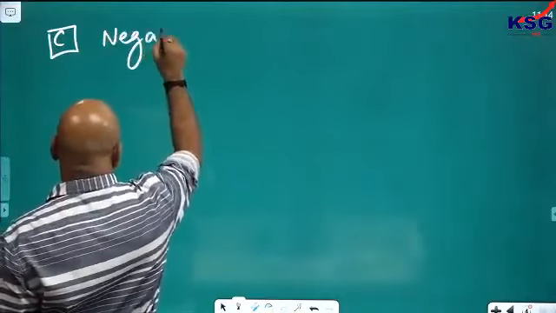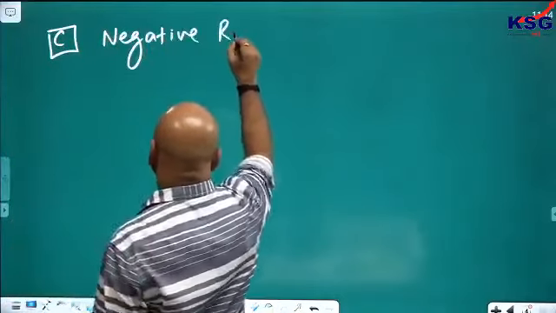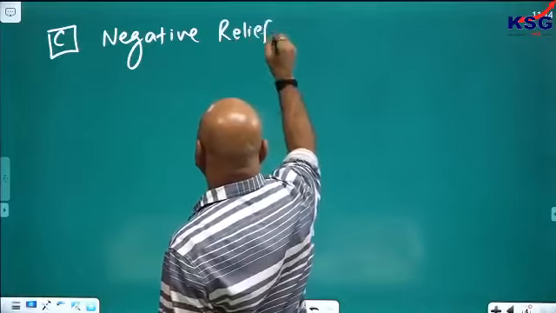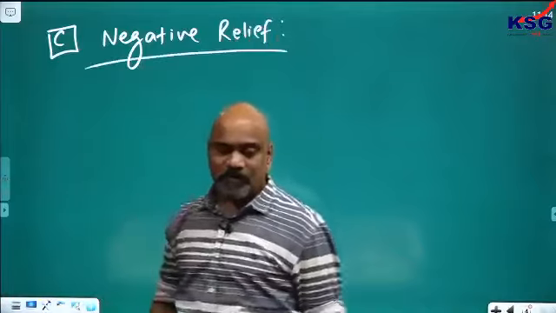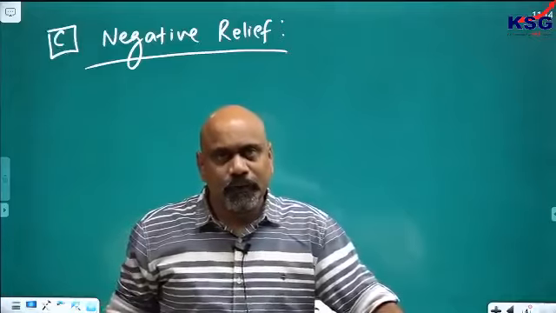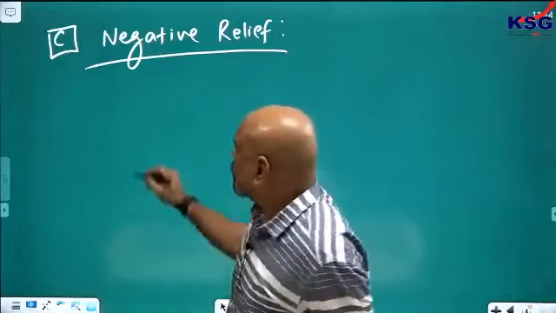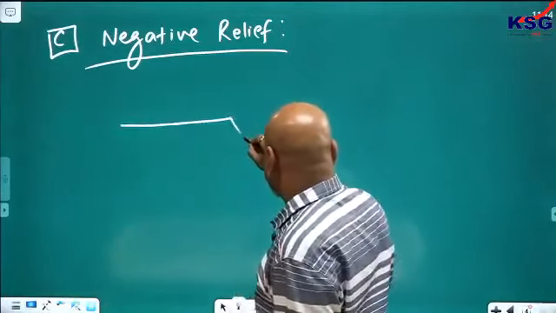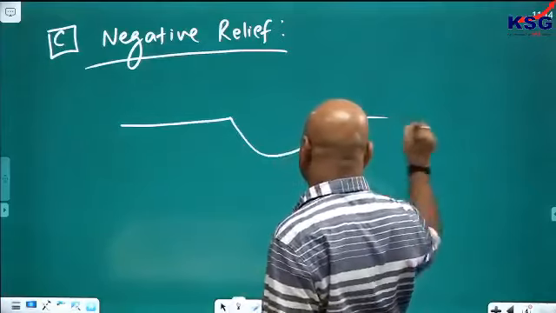Second type is negative relief. Positive and negative relief, you will get negative relief. In case of negative relief, what will you get? Because of volcanic eruption, we have a crater here.